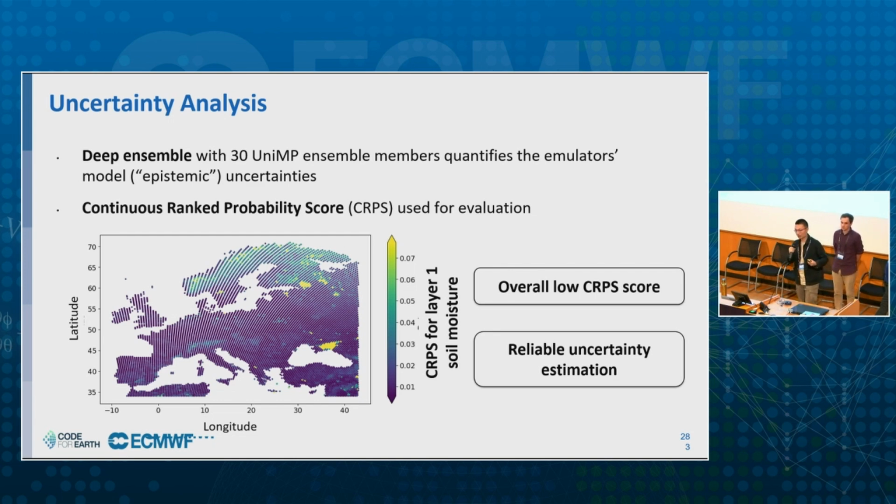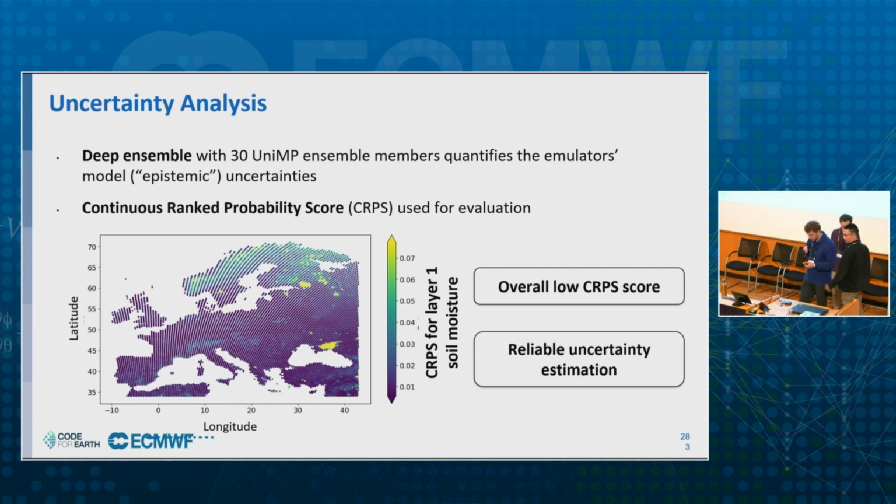This further demonstrates that our deep ensemble method can provide a very reasonable estimation of the uncertainty, because a well-calibrated machine learning model should provide small uncertainty in regions where we have a small model error, and high uncertainty in regions where we have high model error. And finally, I will hand back over to Theo for the conclusion.